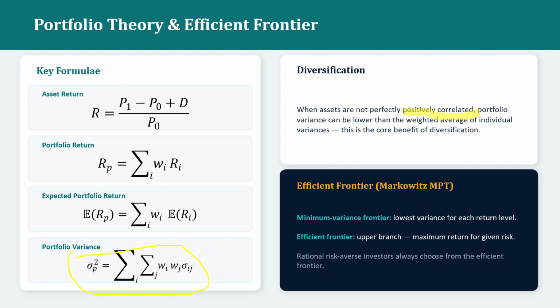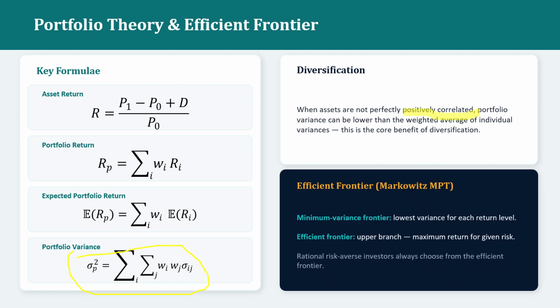Now let us move on to the efficient frontier, also known as Markowitz's modern portfolio theory. It says that for a given set of risky assets, we can find many possible portfolio combinations, each with its own expected return and risk.